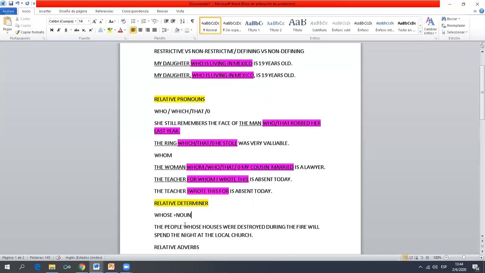Let's see the relative, whose houses were destroyed during the fire. This is our defining relative clause here, which is within this noun phrase I'm underlining, okay? Subject in this case.